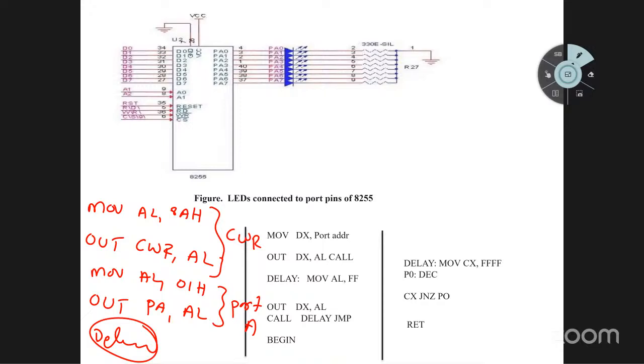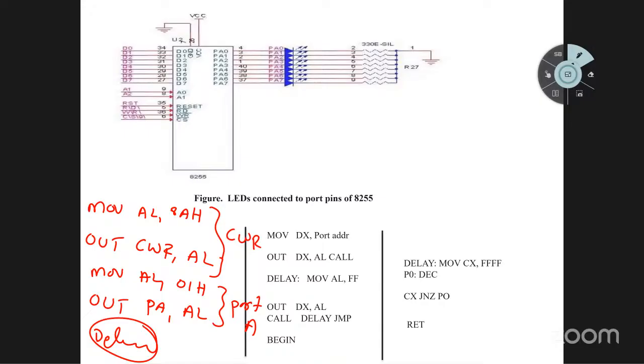Draw the interfacing diagram of LED with 8086 using 8255 PPI.